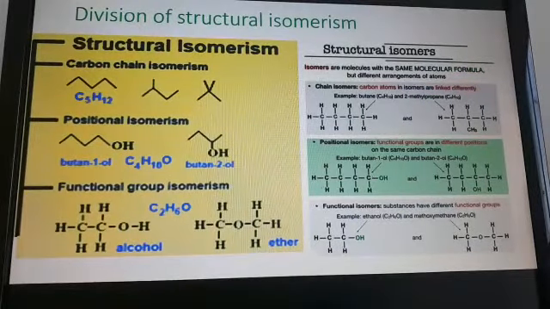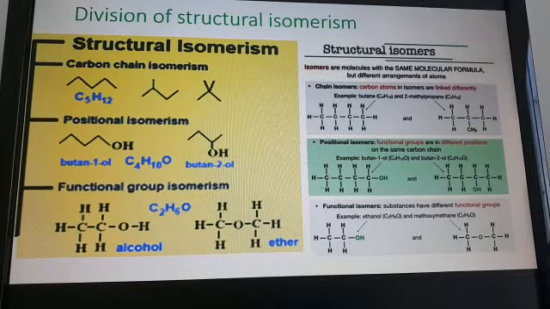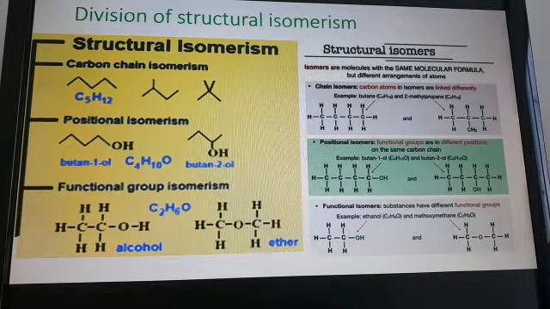Now we have to discuss structural isomerism. Structural isomerism differs as to which atoms in the molecules are bonded to which. Mainly there are three types of structural isomerism: chain isomerism, positional isomerism and functional isomerism. Chain isomers have the same number of carbon atoms as one another, but their carbon backbones are different.